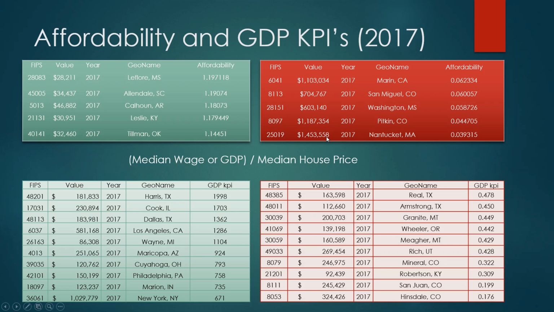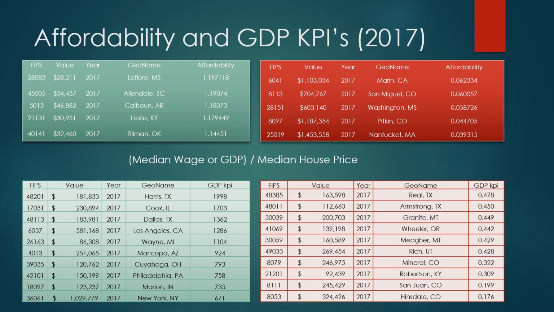Additionally, I had a question about affordability and GDP. The GDP ratio I was looking for, which is GDP of all industries divided by median house price, turns out to be almost 2,000 for Harris County, Texas. That's a very large number.